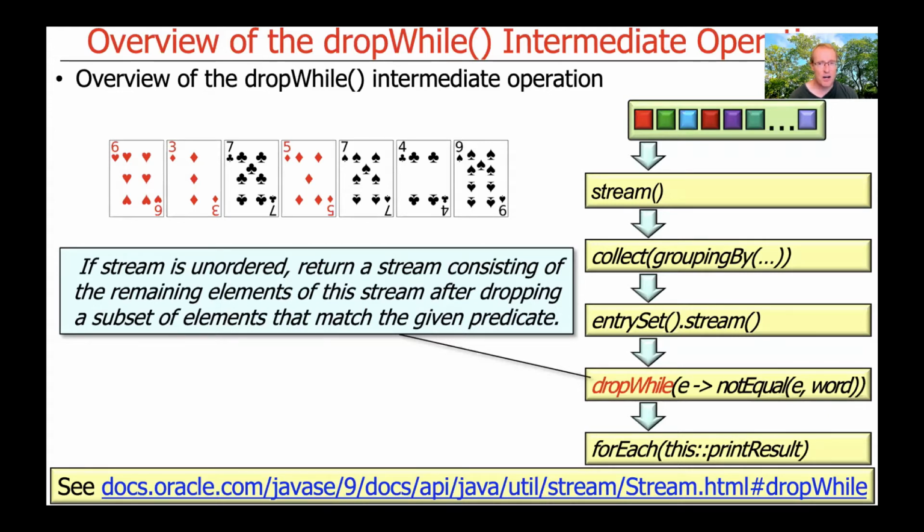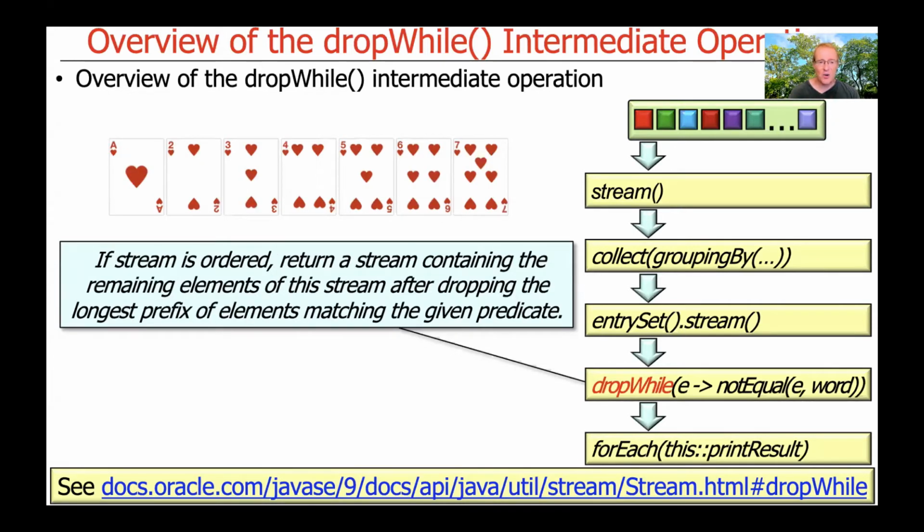And as soon as the predicate no longer matches, you get back the resulting substream of the elements that follow, the first of which did not match the predicate. Other ones that come after that might, in fact, match the predicate, but you keep dropping until you hit the one that doesn't match. So that's the unordered behavior.